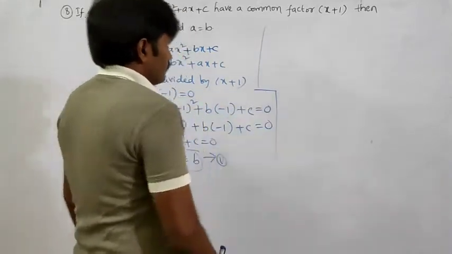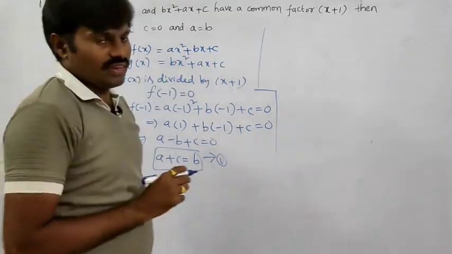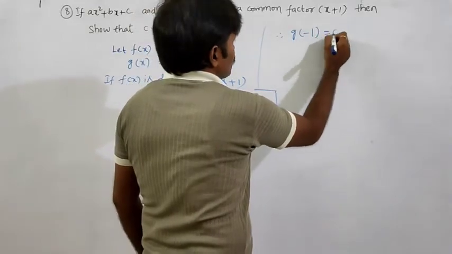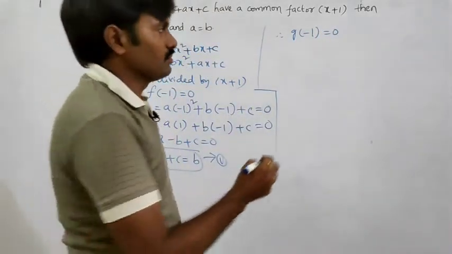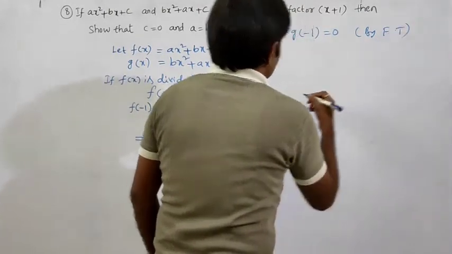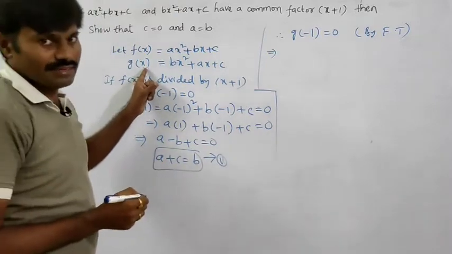Now see, x plus 1 is also factor of g of x. Therefore g of minus 1 is equal to 0 by factor theorem. Should write here reason, factor theorem. So g of minus 1, replace x by minus 1.